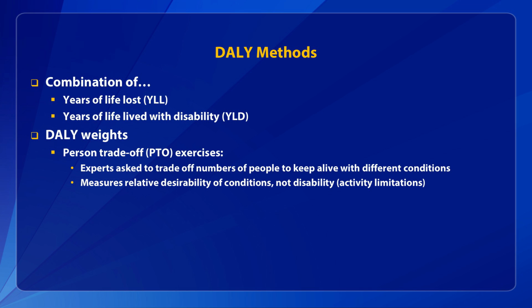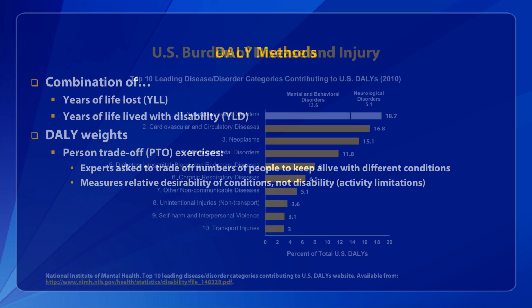Disability-adjusted life year weights are derived differently than quality-adjusted life year weights. Instead of using the standard gamble, time trade-off, or rating scale approaches with a general population sample, experts are asked to trade off numbers of people to keep alive with certain conditions.